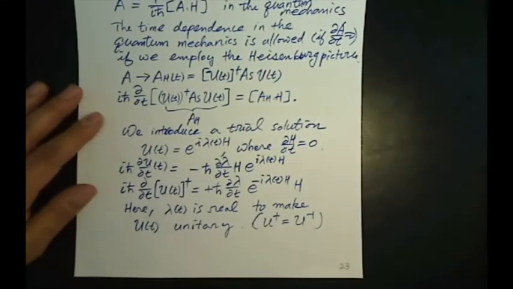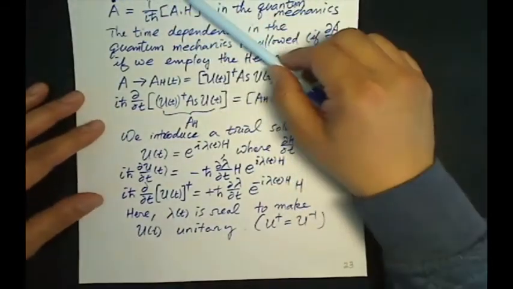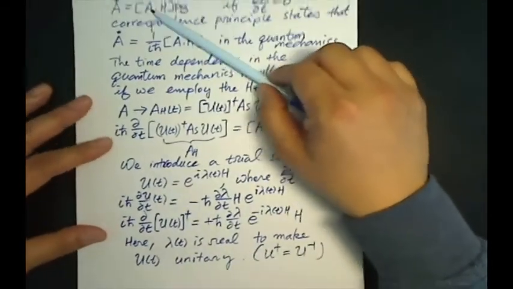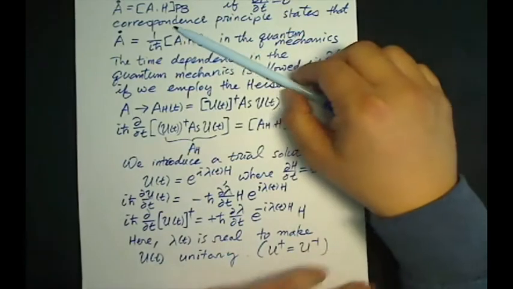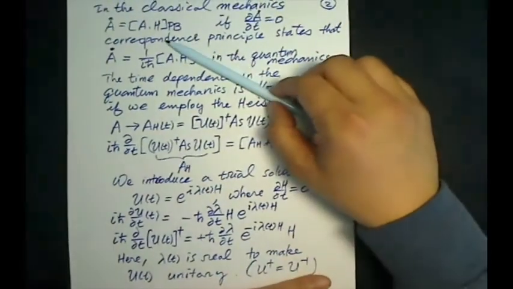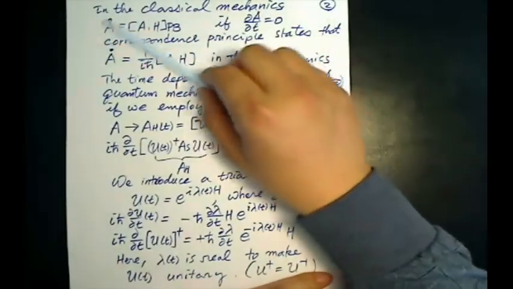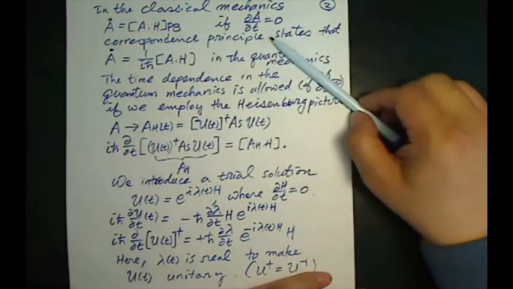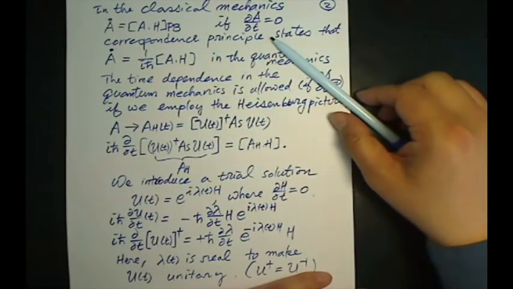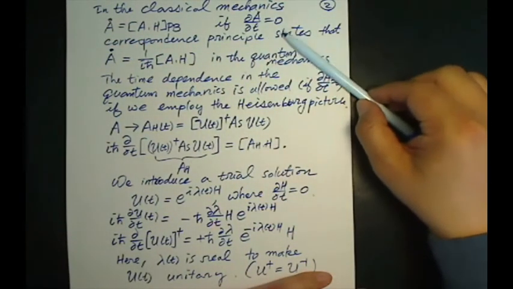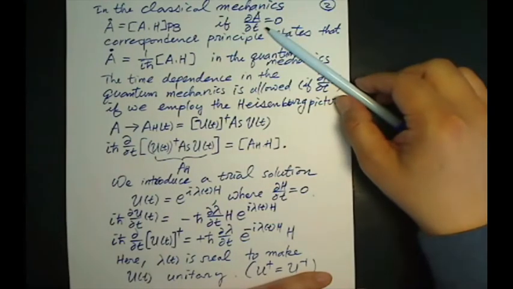We recall that in classical mechanics, any mechanical variable has the Poisson bracket with the Hamiltonian as its time derivative, if there is no explicit time dependence on that mechanical variable.